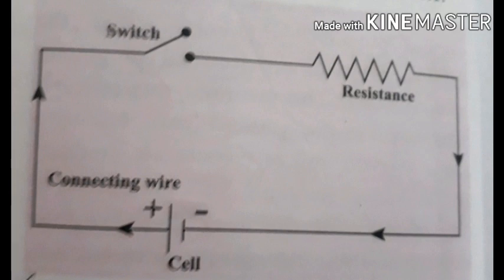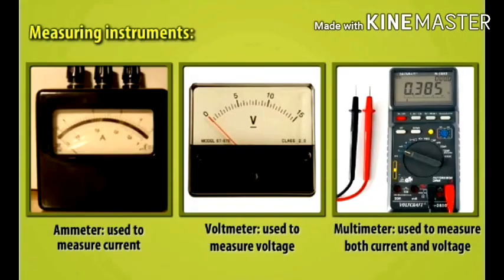This is a simple circuit diagram which consists of a cell, the connecting wires, the open switch, resistance. In the place of resistance you can use a bulb which offers resistance to the circuit. Since the switch is open, the current cannot flow through the circuit according to this diagram.